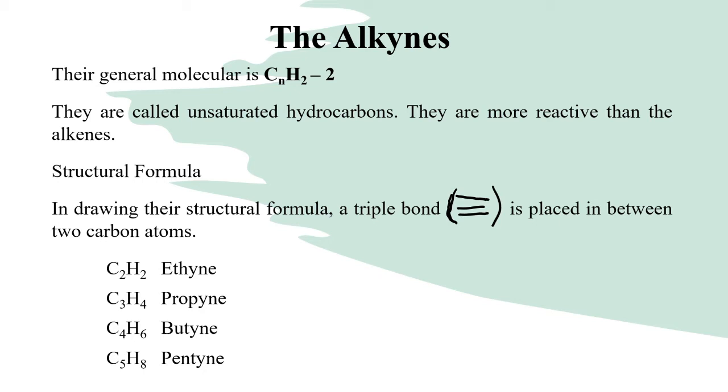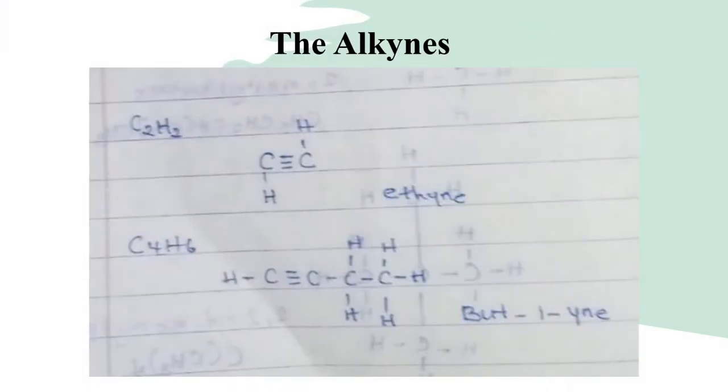The alkynes. Their general molecular formula is CnH2n-2. They are called unsaturated hydrocarbons, and they are more reactive than the alkanes and alkenes. Structural formula. In drawing the structural formula, a triple bond is placed in between two carbon atoms.